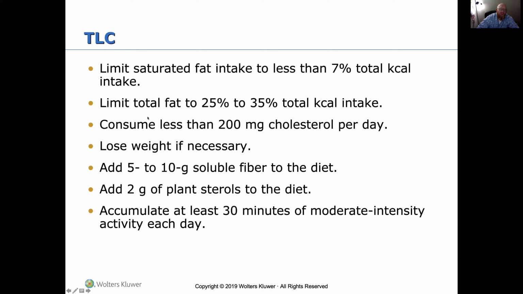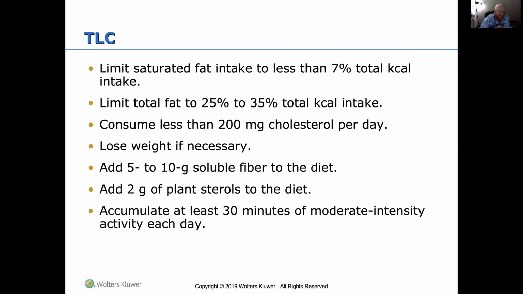How it works is you limit saturated fat intake to less than 7% of your total caloric intake. Limit your total fat to 25 to 35% of your total intake. Consume less than 200 milligrams of cholesterol a day. Lose weight if necessary. Add 5 to 10 grams of fiber to the diet. We've said how that keeps LDL from being absorbed.